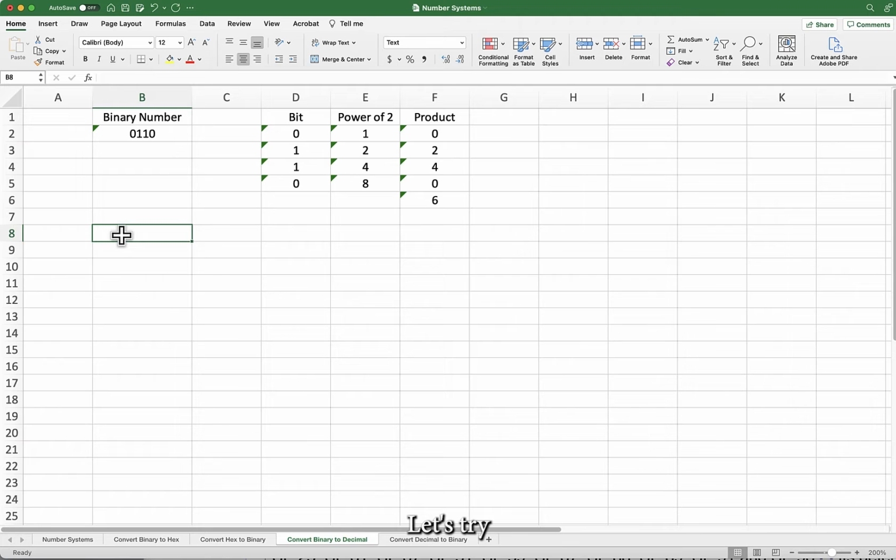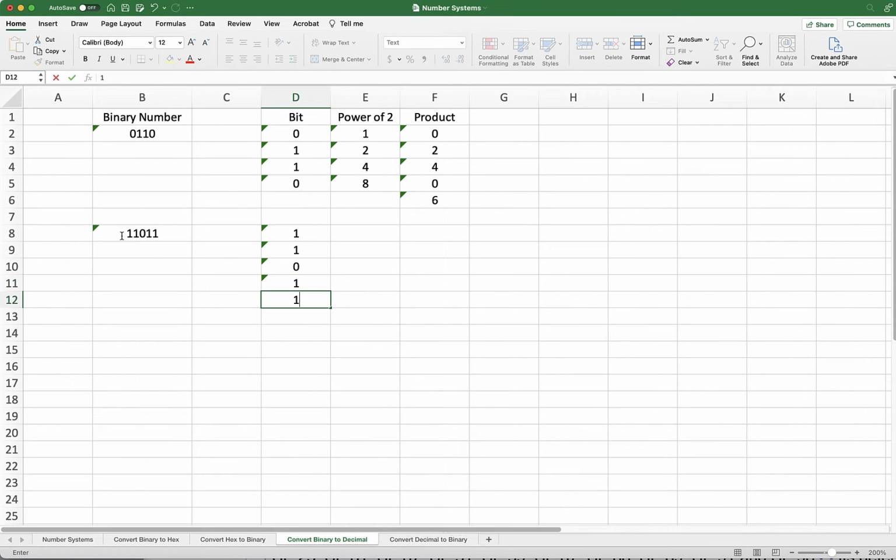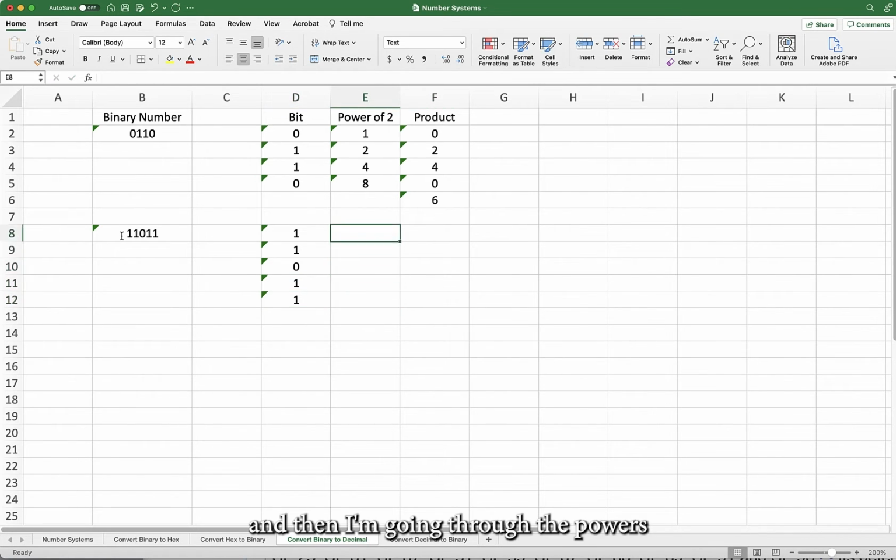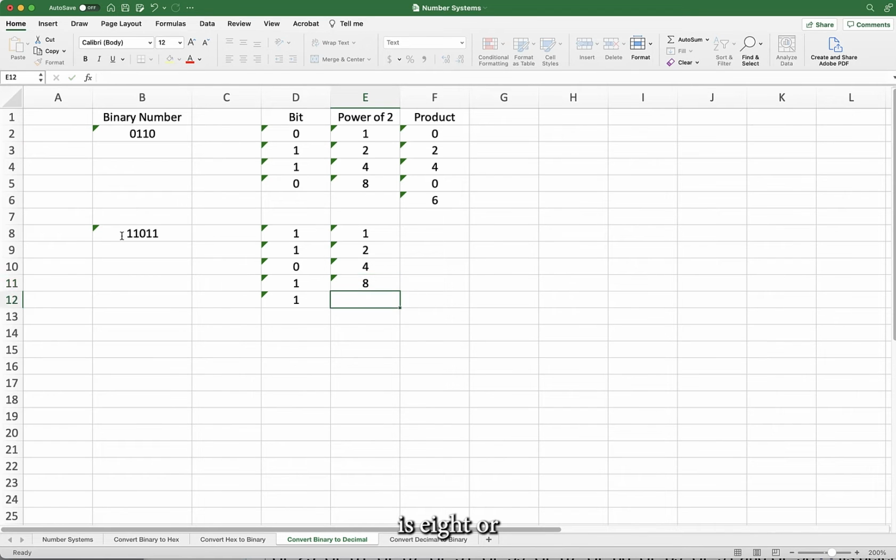Let's try a little 1, 1. I'm going to put them vertically, going from right to left, and then I'm going to write the powers of 2. 2 to the 0 is 1, 2 to the first power is 2, second power is 4, third power is 8, fourth is 16.